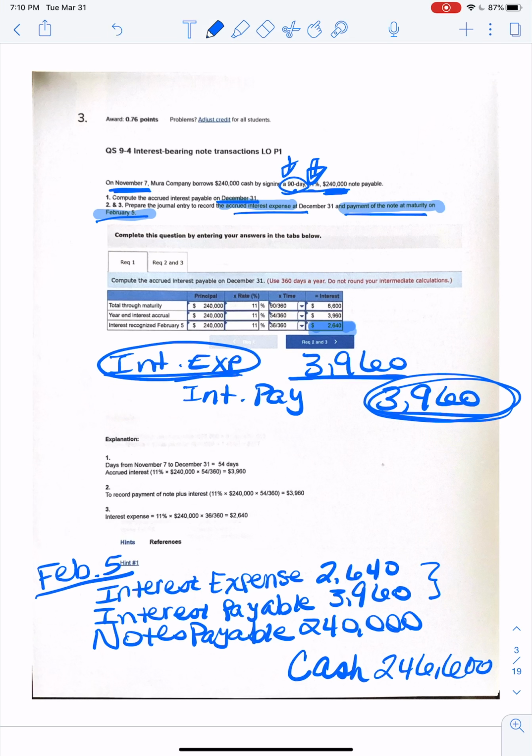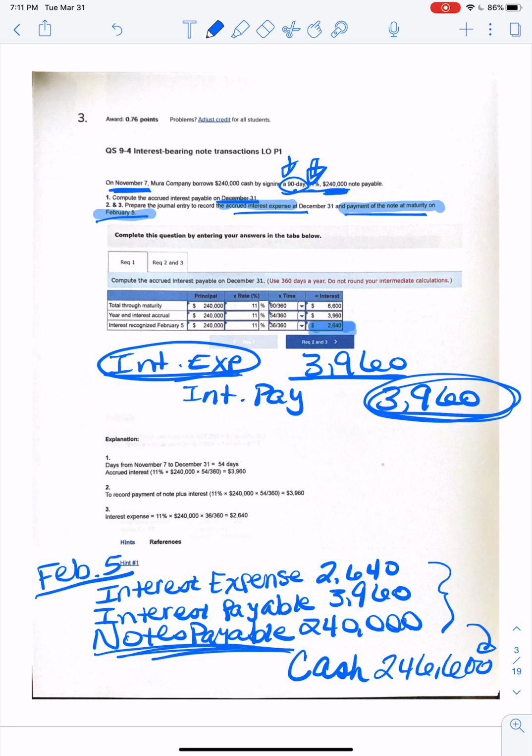Okay. And so that is the actual journal entry that we need. And so what we'll end up seeing is that this is the actual sum that we need to get down to this $246,600. And you say, well, how did you know we needed to deal with this notes payable?